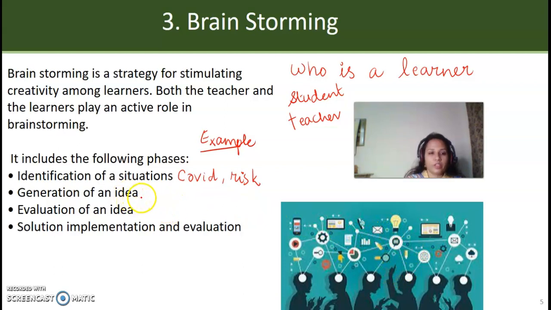So they generated some ideas, and after sharing mutual ideas, they came to a conclusion: if they have sanitizer or soap in their classroom, and take some other precautions, they can avoid the risk caused by COVID. Evaluation of an idea can cover the cost of the soap and sanitizer, and at the end they implemented this idea in their classrooms.